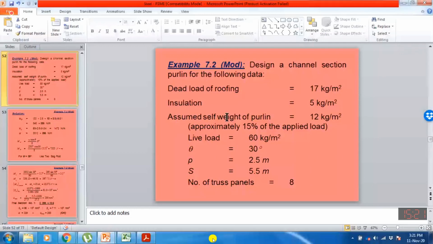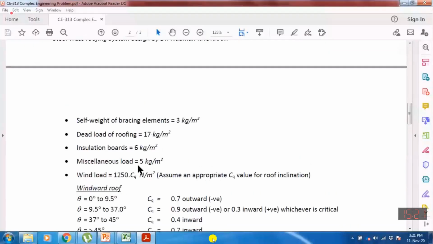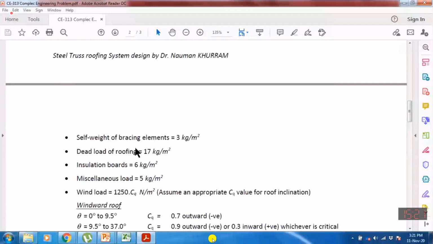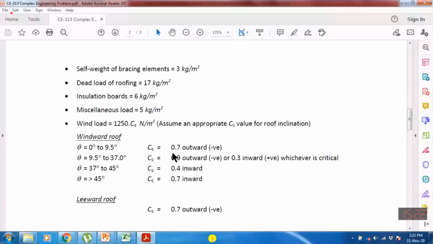Actually, I have already provided you these loads, so you will consider the loads that I have provided over here. Miscellaneous load, I have provided 5 kilogram for your truss design. Insulation board load, I have provided 6 kilogram. And dead load of roofing is provided as 17. The self weight of the bracing system you also need to assume.